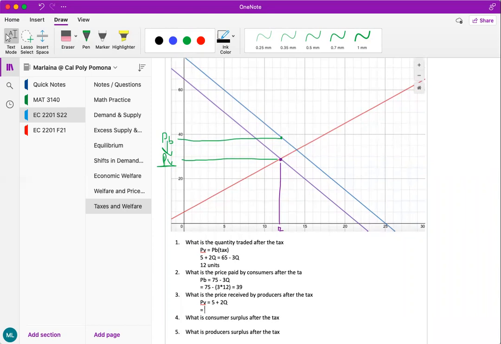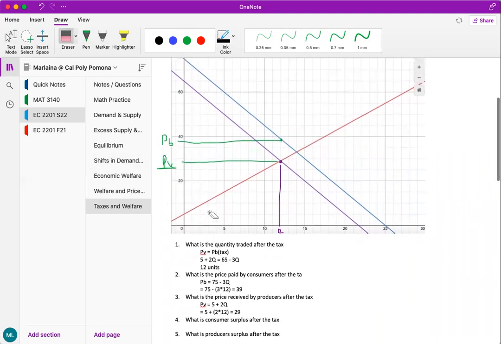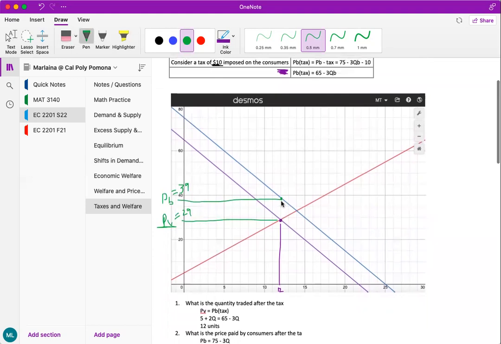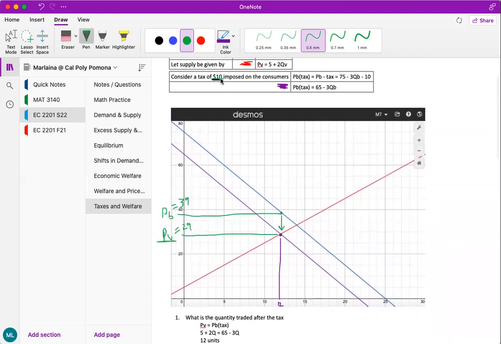We know that Q is 12, so we have 5 plus 2 times 12, and that's going to give us 29. Notice that our PB is 39 and our PS is 29, and the difference, 39 minus 29, is 10. The difference between these two numbers is the shift that results from the $10 tax being imposed on the market.